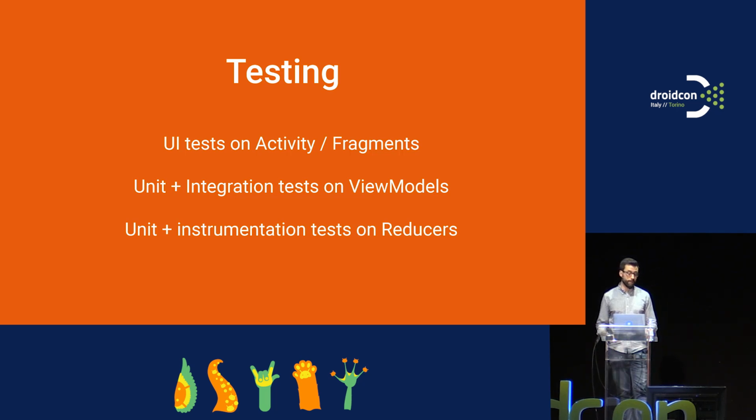We don't need to connect to anything else. We can just isolate those tests in the activity, and we just render different view states and ensure that the activity is shown, the UI does what we're supposed to do. On the view model, we have unit testing to ensure that the live data are being updated as supposed to, and integration test. And then on the reducer, we have unit test to ensure that the data are being sent, and instrumentation test with the whole thing.